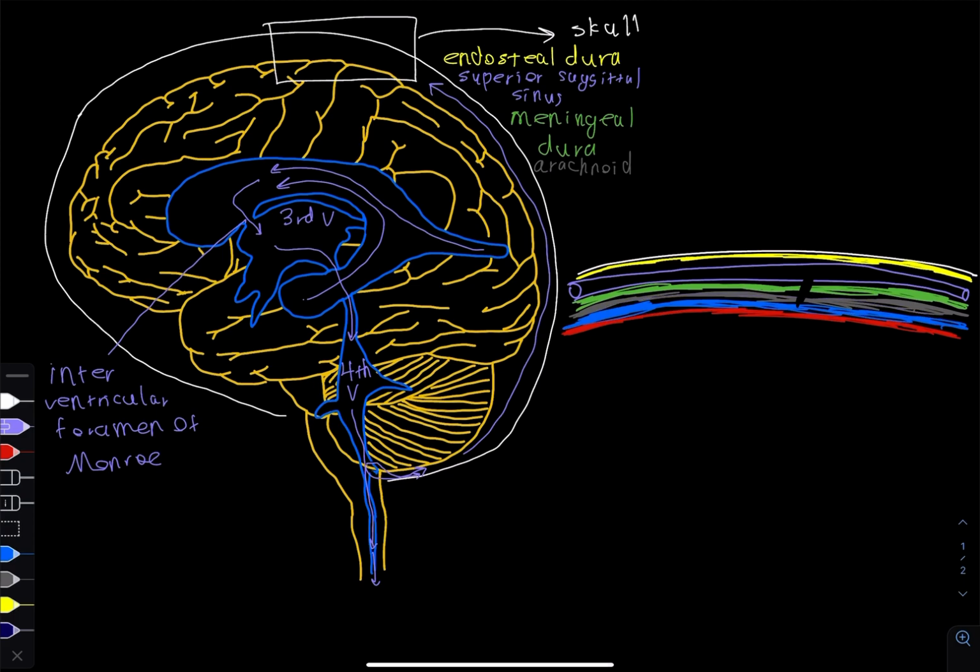And it allows cerebrospinal fluid to flow from the subarachnoid space into the superior sagittal sinus, and then that's how it exits the whole area in the nervous system, right? It exits and then goes to circulation.